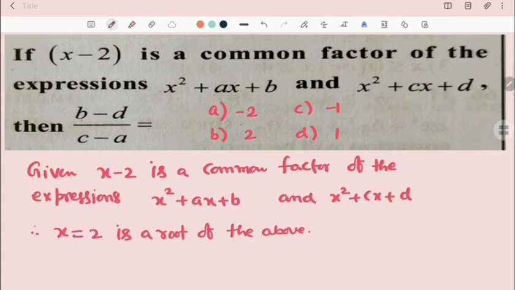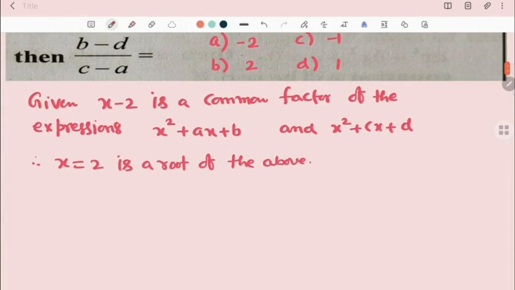So in place of x, substitute. A root of this quadratic expression means a root of the quadratic equation also. That is x square plus ax plus b equal to 0, and another case also, x square plus cx plus d equal to 0.